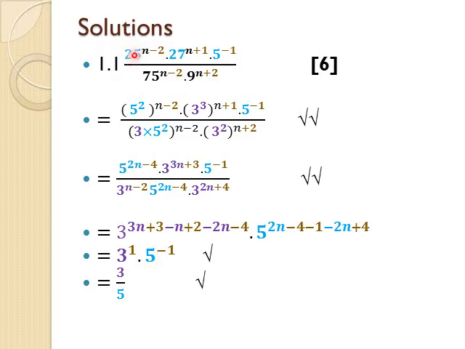So prime base for 25, 5 to the power 2. 27, 3 to the power 3, that stays as appears. 75 is 3 times 5 squared. And 9 is 3 to the power 2. So 2 marks for top line, bottom line, correctly writing as prime bases.